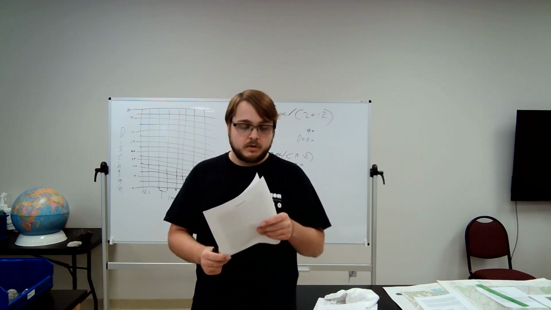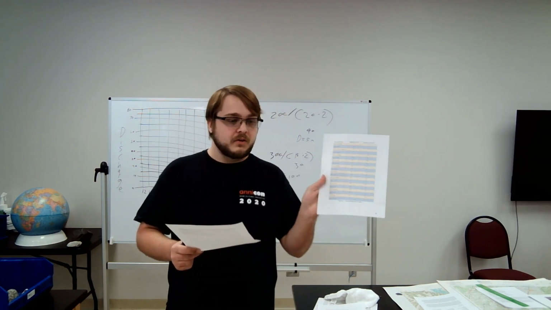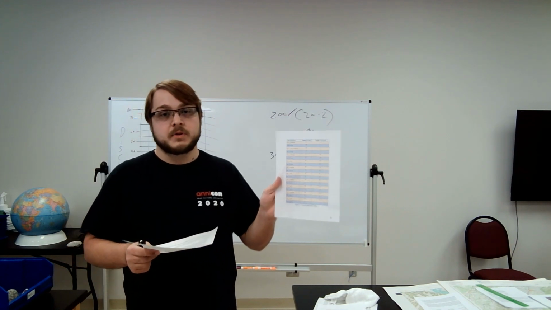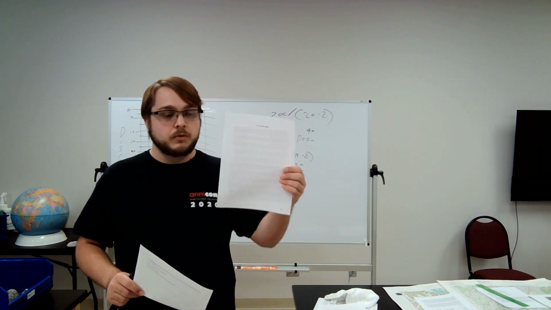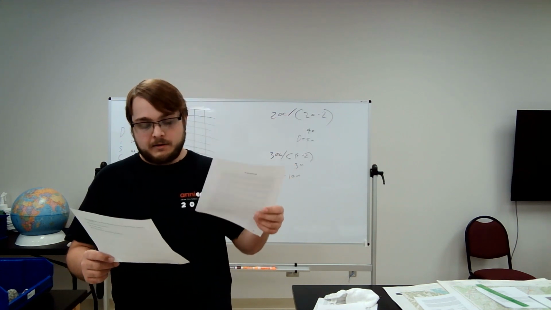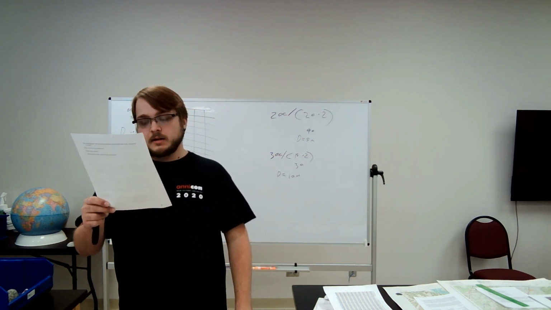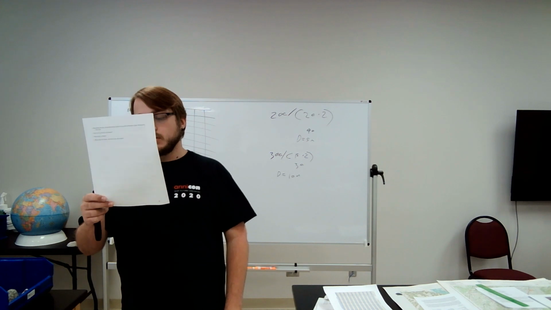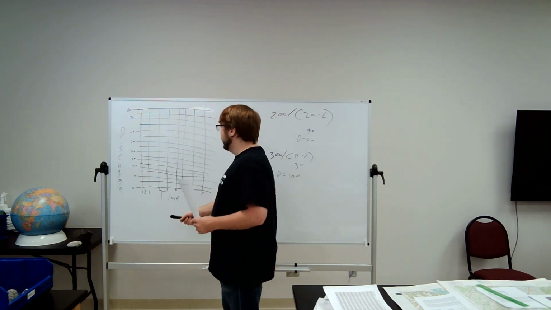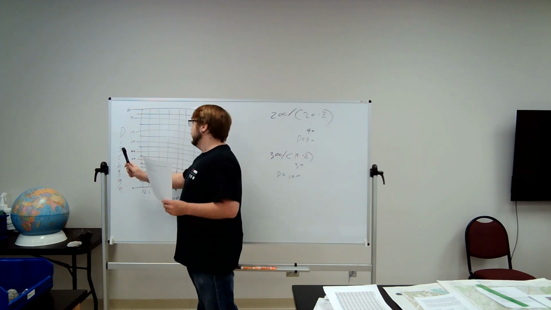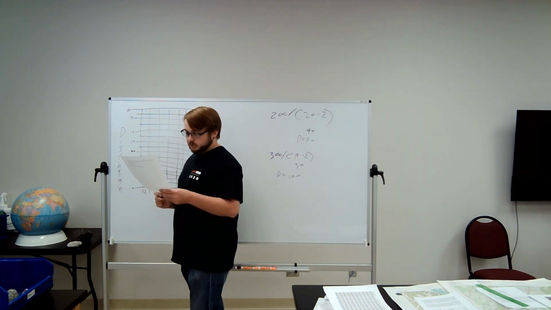So in your book you'll have a figure like this, and to put it simply, we're going to plot it onto this graph right here. Alright, so first we are going to plot the discharge data on the following data sheet, where the x-axis is equal to time and the y-axis is equal to discharge.